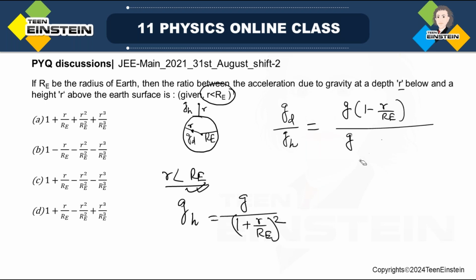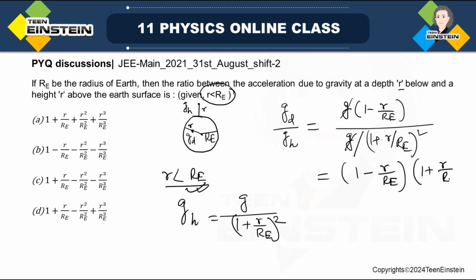G by 1 plus r by re whole square. Okay, if we write this, this g will cancel each other. 1 minus re by r into 1 plus r by re.